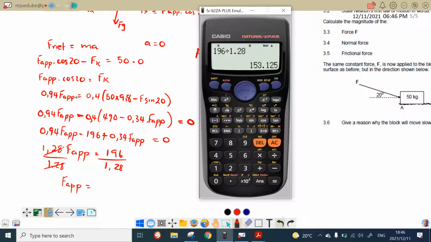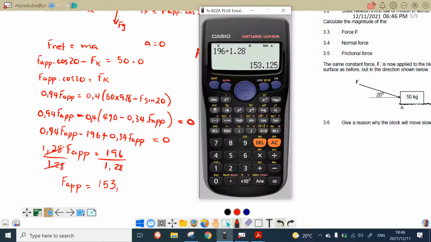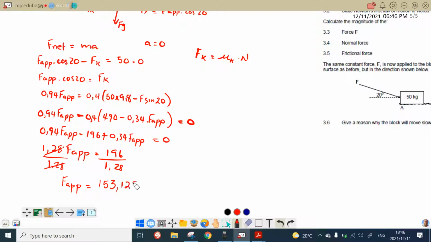Just check that everything is being calculated correctly. So is this 153 comma 125? Just a quick check to make sure that all the substitutions and calculations are done correctly. So 0.94 for the force applied.